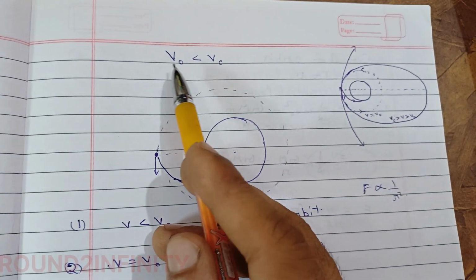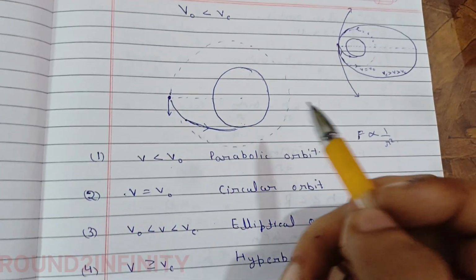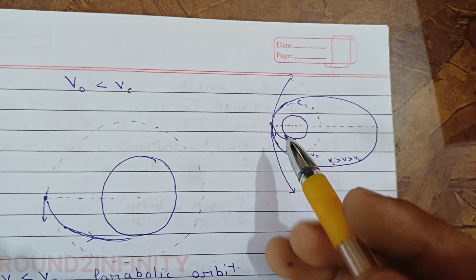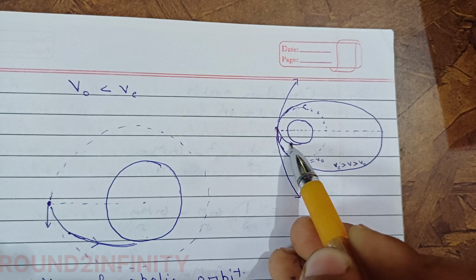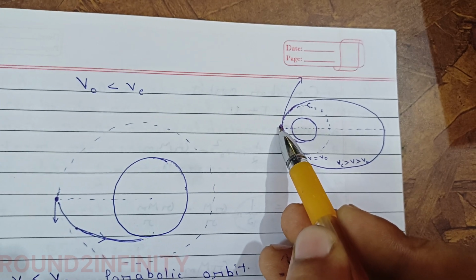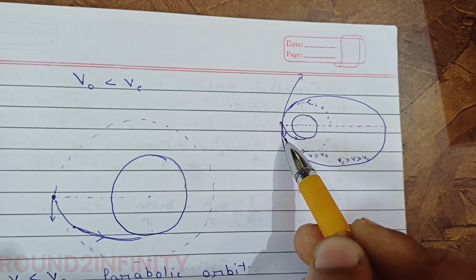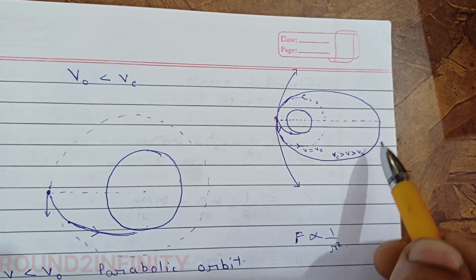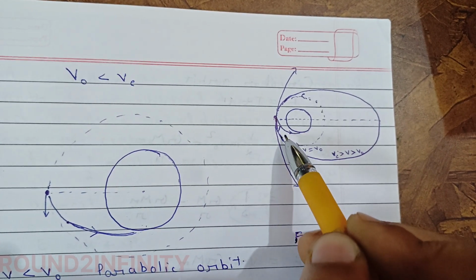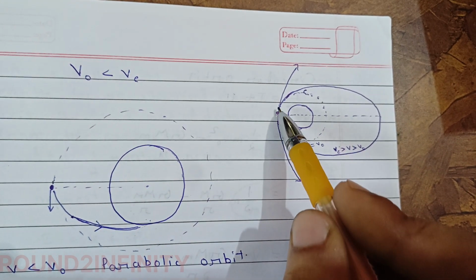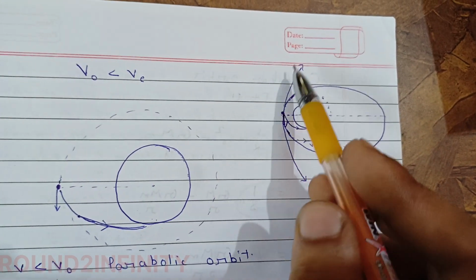Now v is greater than vo but less than ve. What happens? We will have an elliptical orbit. See here, it is clearer: first it was parabolic, then when v equals vo it is circular, then when v is greater than vo and less than ve it goes elliptical. And when v is increased beyond the escape velocity, it will go to infinity, hyperbolic.